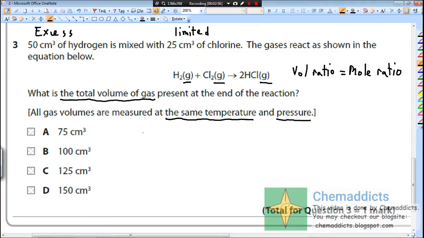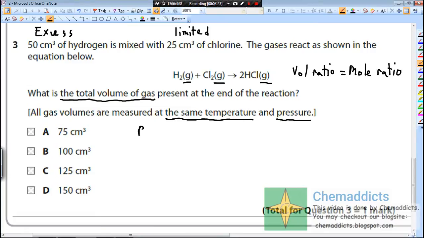Okay. So now since the chlorine is limited, all the chlorine gas would get used up. That means all the chlorine gas would get reacted. Okay. So since it is limited, all the chlorine gas would react. There will be no chlorine gas left.